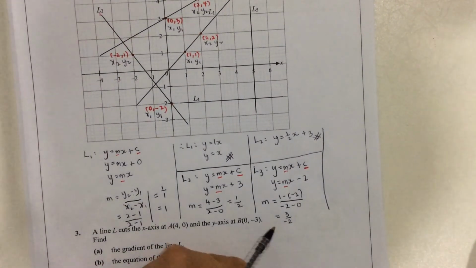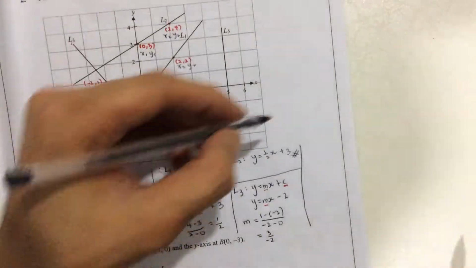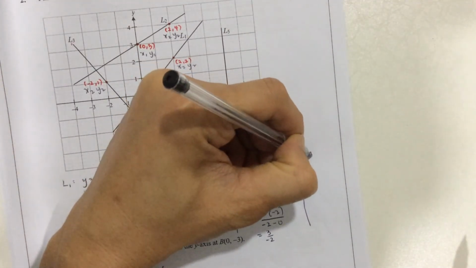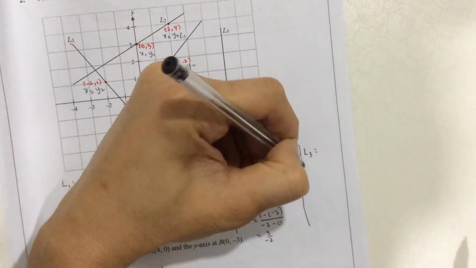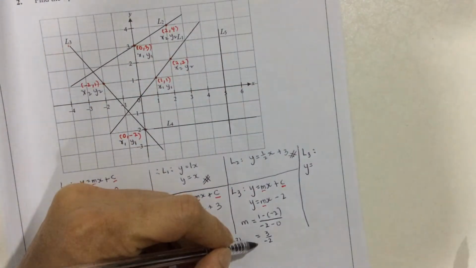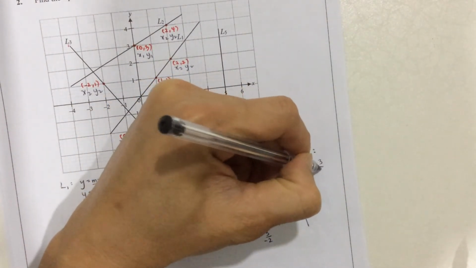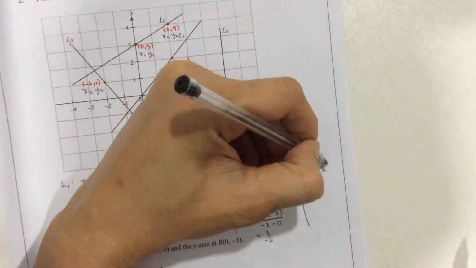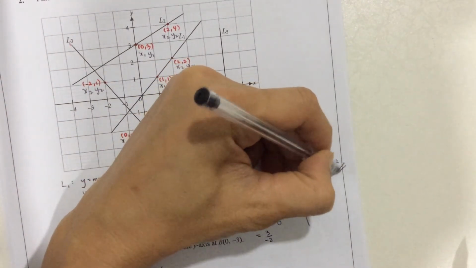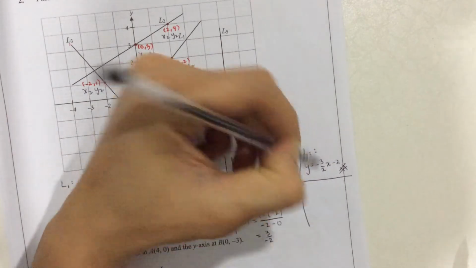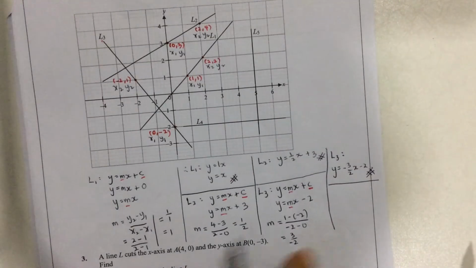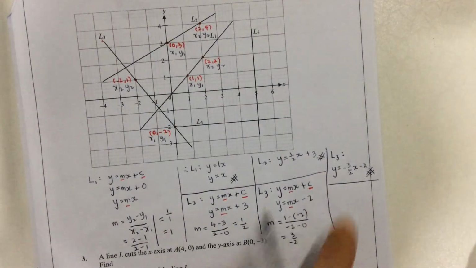So for the final answer L3, I'm going to have y equals m, so m is -3 over 2, x minus 2. So that's the answer for line 3.